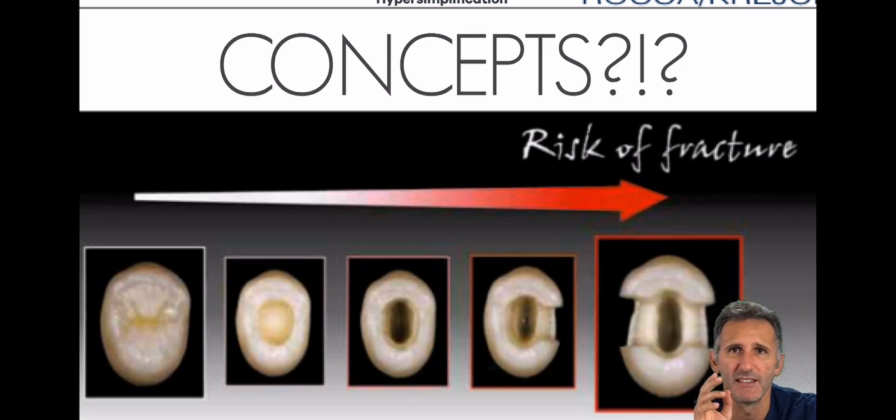On the left you see a tooth without any kind of problem. In the second place we have a tooth with the occlusal cavity. In the third with the endodontic access. In the fourth with the loss of the marginal ridge. In the fifth with the loss of both marginal ridges. So this is the hypersimplification of the biomechanic concept.